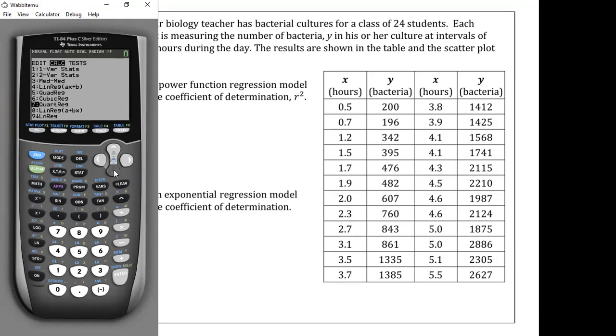The power is A. So you have to go all the way down there, or you could press alpha A, but scroll or press alpha A, either way. Power regression, and we're going to hit enter. I do store just in case I need a reference back to it, so it's also good practice. Vars, Y vars, 1, 1. I'm going to say this is 1, but if I have another one, it would be 2, right?